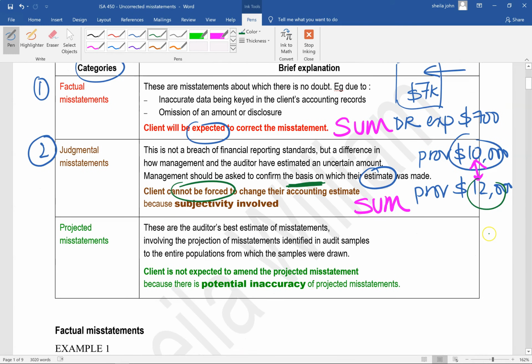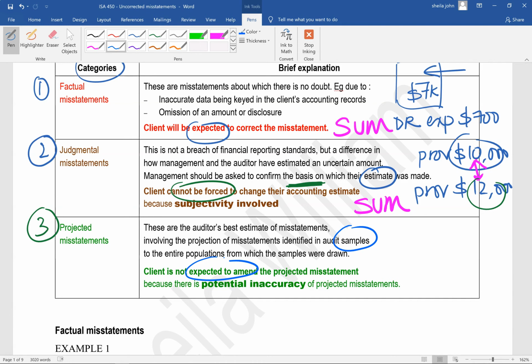Number 3. The third type of misstatement is something called projected misstatement. And projected misstatement comes about because the auditor carries out sampling. Okay, and the auditor is trying to, from the sample, make a projection to the population. So here, a client cannot be expected to amend the figure because there's an obvious potential inaccuracy in the projected misstatement.